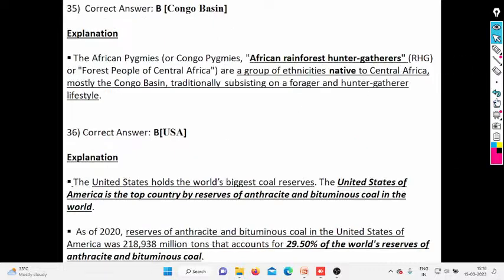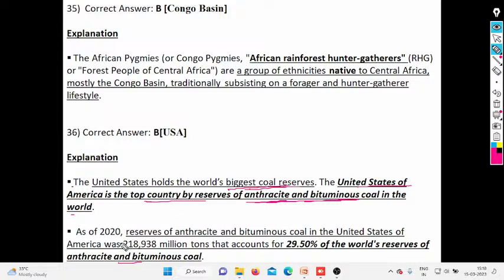The United States of America holds the world's biggest coal reserves. The United States is the top country by reserves of anthracite and bituminous coal in the world.